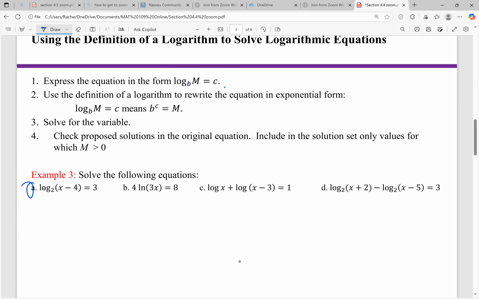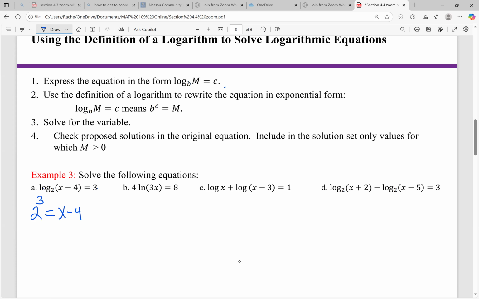So in order to write log base 2 of x minus 4 equals 3 as an exponential equation, remember, take the base b, so take 2, raise it to the 3, and set it equal to m, in this case, x minus 4.